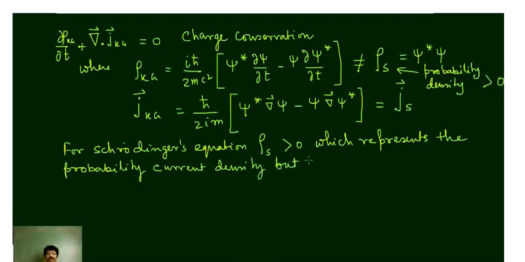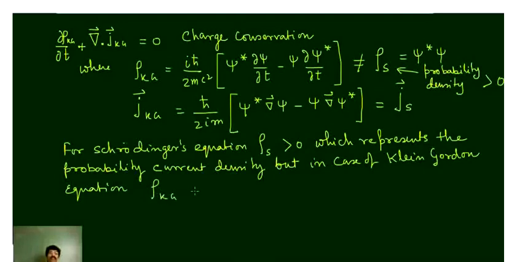But in case of Klein Gordon equation, rho Klein Gordon is real but not positive definite.